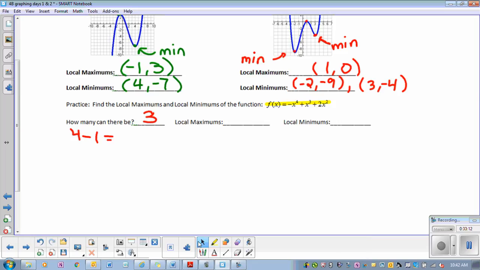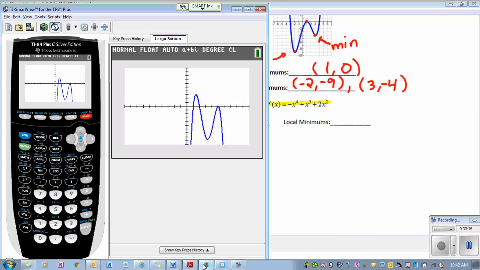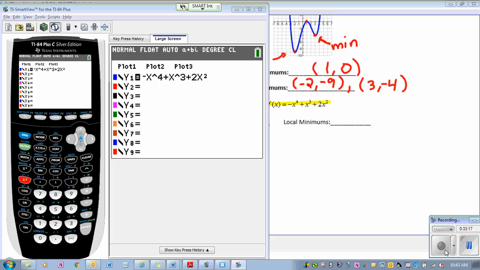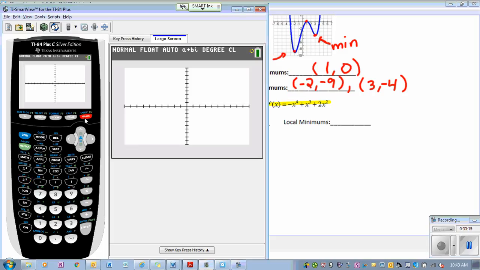All right, let's go put it in the calculator and let's see what we get. I'm going to graph it, see what that looks like. Okay, looks like this, right? If you want to, you can zoom in. Do you want to zoom in? Everyone said no, it's fine. Okay. So let's talk about this then.